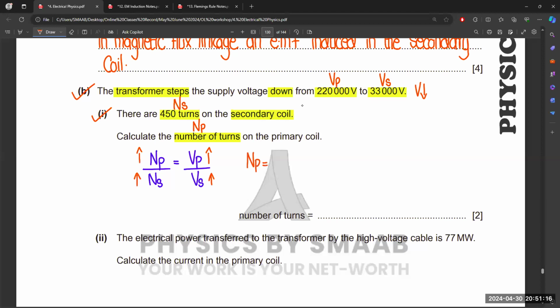This formula will look like Vp into Ns divided by Vs. So NP is equal to 3,000 number of turns. Right, good. So now it's just a calculation.